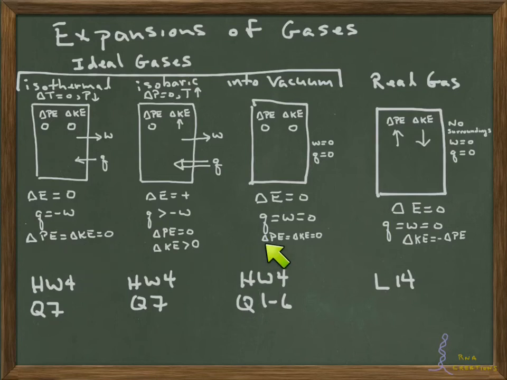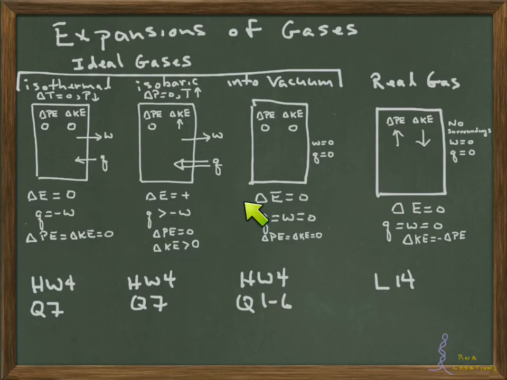In the first and third cases, delta PE and delta KE are 0, so their sum is 0. In the third and fourth cases, Q is 0 and W is 0, so their sum is 0. It's only in the third case where everything is 0.